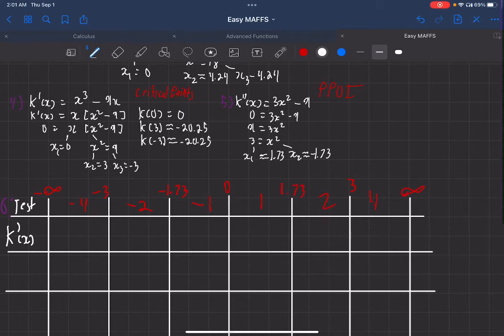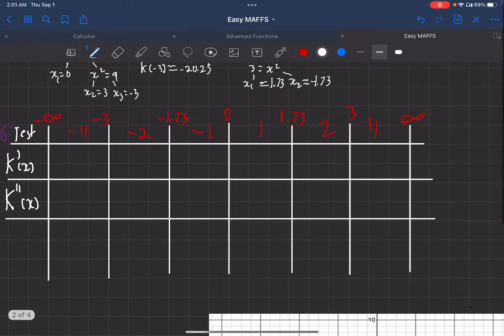So our first derivative of k of x, and then k double prime of x, and then our original function, k of x, and you're going to see how useful this is when it comes to graphing. You don't have to do this, but I feel like it is a lot easier to graph when you do this.